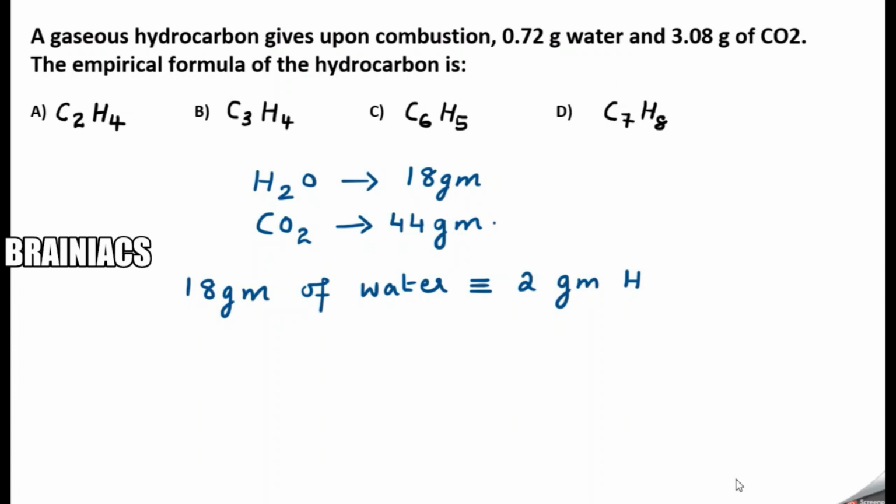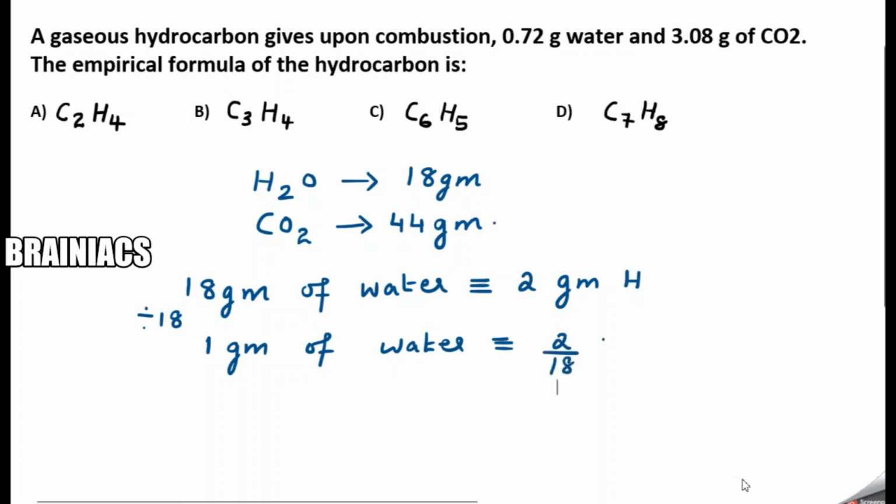So we need to convert 18 gram to 0.72 gram. So first convert this to 1 gram. So divide by 18 on both sides. So this will become 1 gram of water has 2 by 18 gram hydrogen.